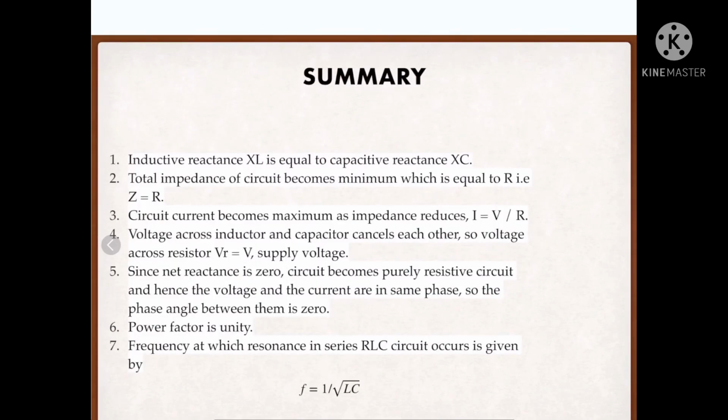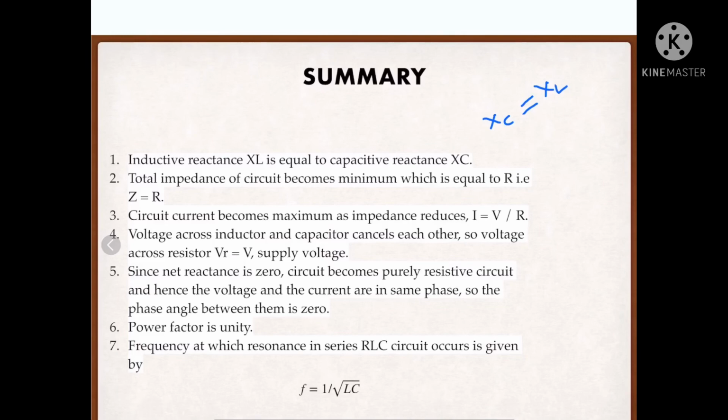Okay, so let's conclude series resonance over here. Inductive reactance XL is equal to the capacitive reactance at resonance. So we all know this, and from this formula only we derive the relation for frequency. XC will be equal to XL.